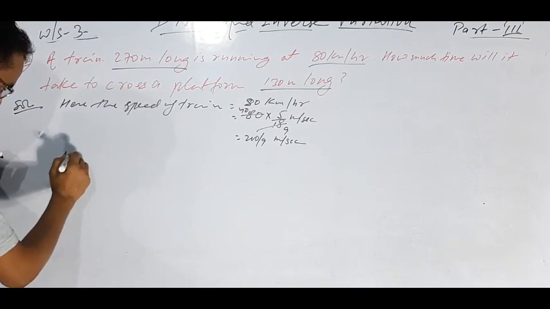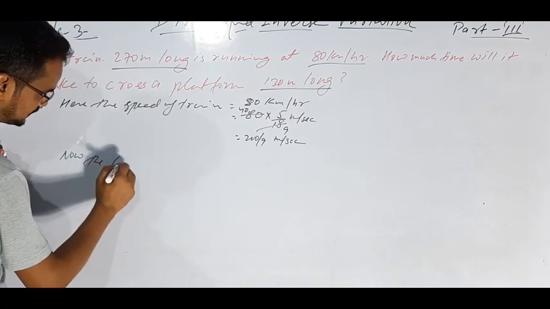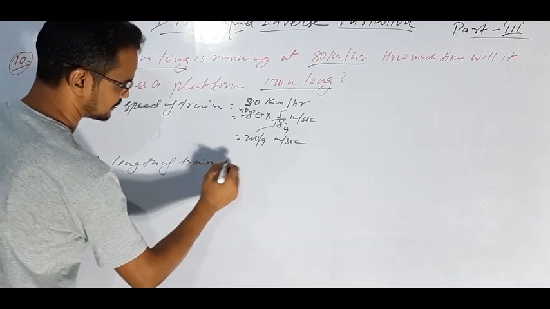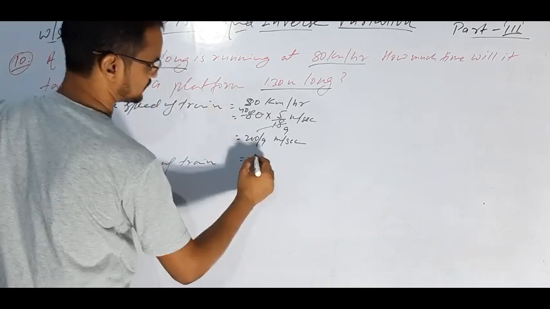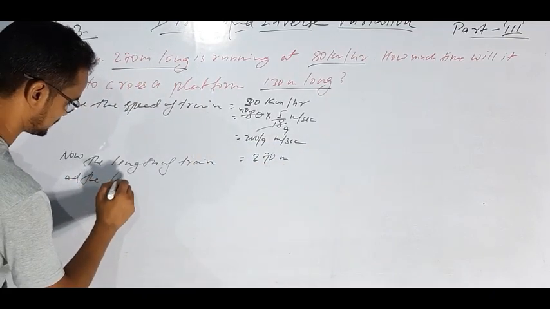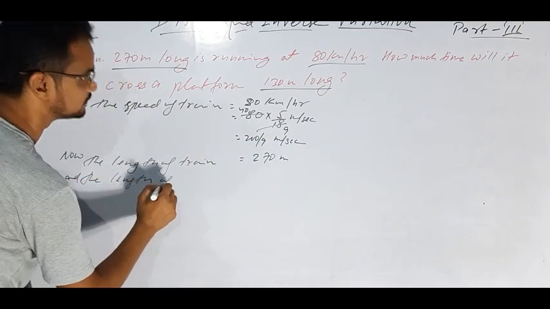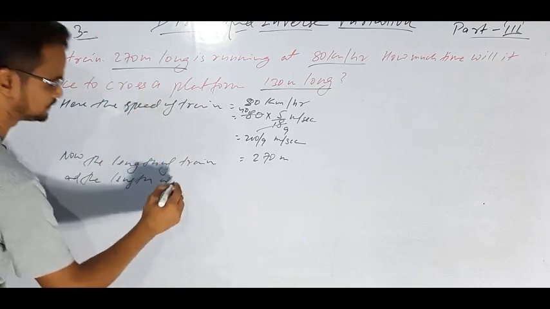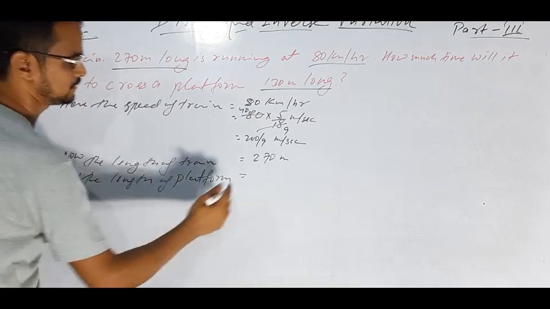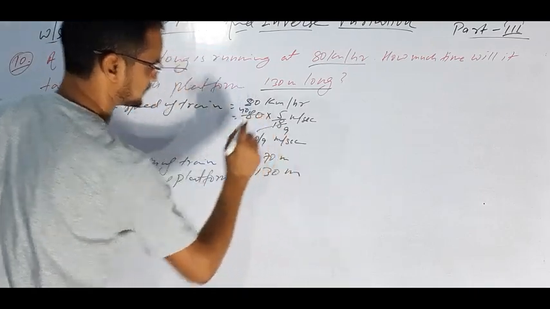Now the length of the train is equal to 270 meter and the length of the platform is equal to 130 meter.